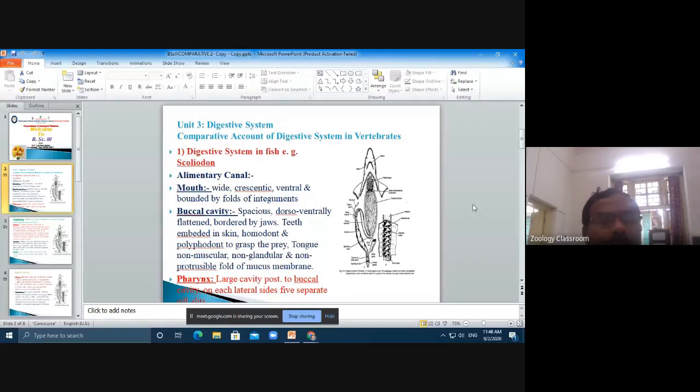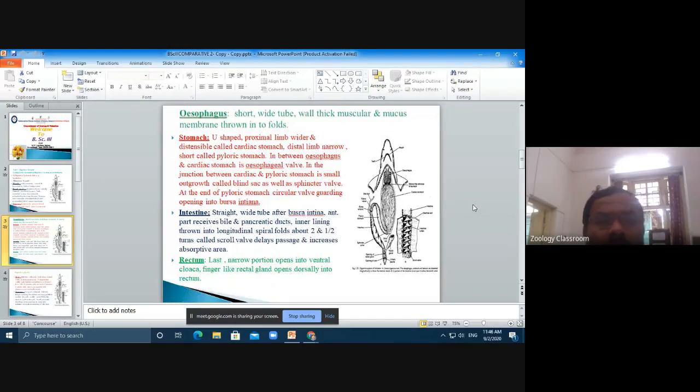Let us come to the next regions, that is the esophagus, then the stomach, intestine and rectum. Now see the figure. In this figure, this region is known as the esophagus. The esophagus is very short, a white tube, and a thick-walled muscular structure.